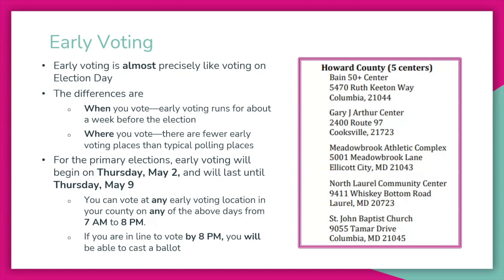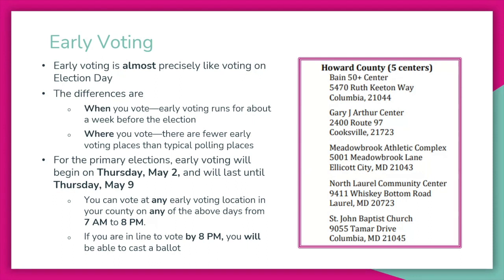Early voting is like voting on election day. For the primary elections, early voting begins on Thursday, May 2nd, 2024, and lasts until Thursday, May 9th. You can vote at any early voting location in your county on any of the days from 7 a.m. to 8 p.m., including the weekends.